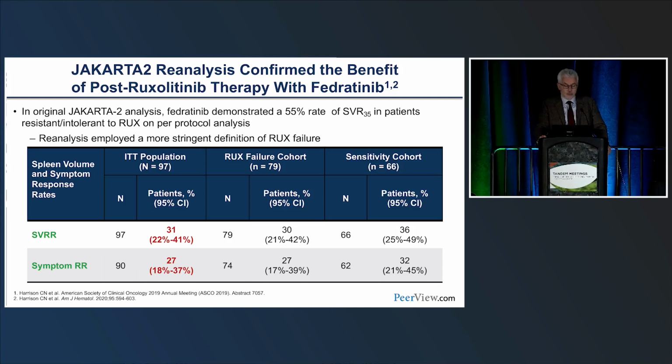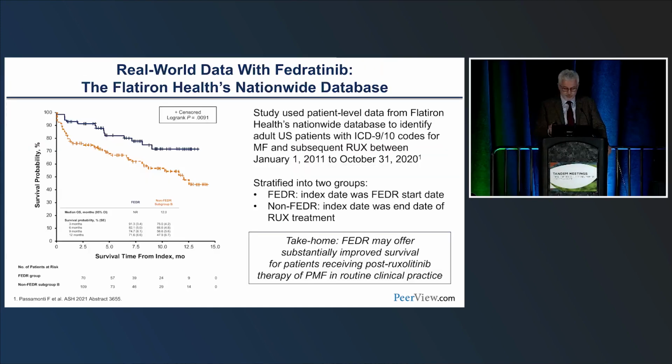So I would say about a 30% response rate in a second-line setting. It's a pretty good response. Now, in that setting, as shown earlier by me for ruxolitinib and fedratinib in a frontline setting, there is again evidence that there might be prolongation of life with a good control of the signs and symptoms of the disease.